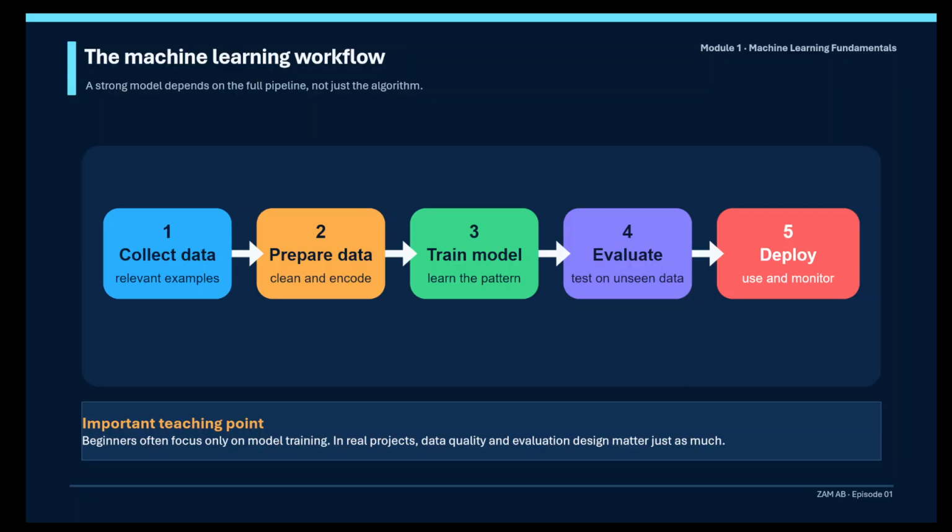The point which we need to learn here is that just model training is not everything.